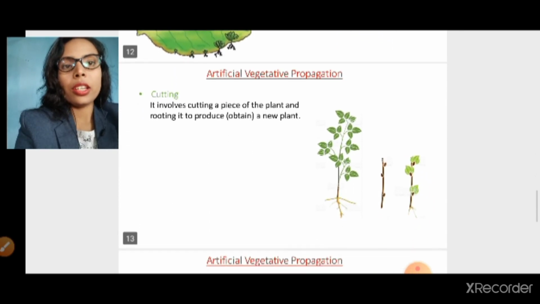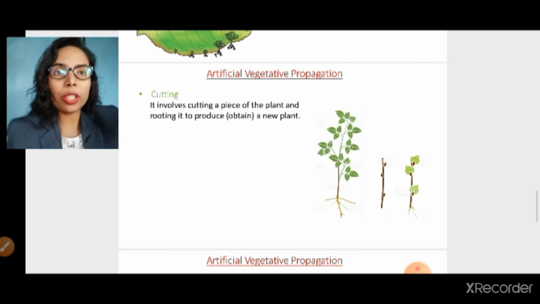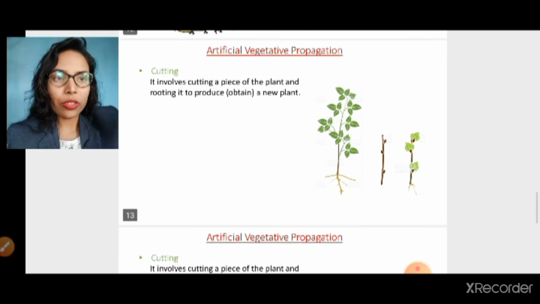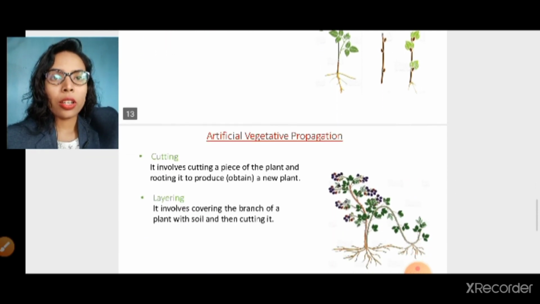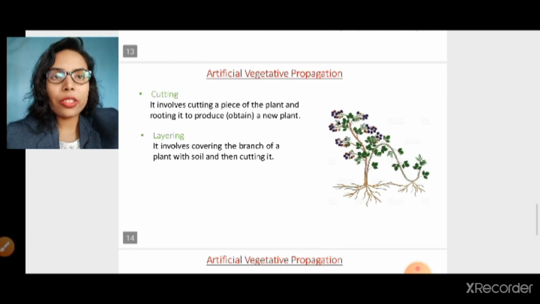In cutting, a piece of the plant is cut and rooted to obtain a new plant, as you saw in the picture. Next, layering. It involves covering the branch of a plant with soil and then cutting it.